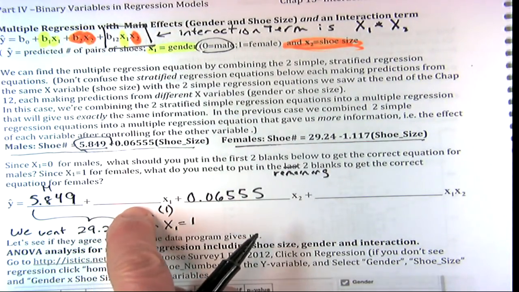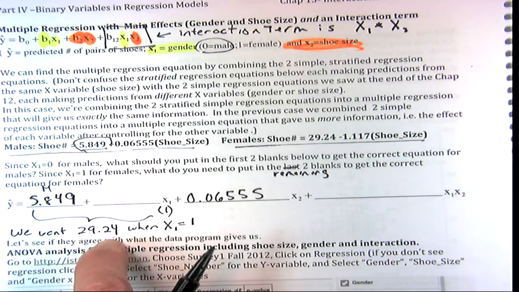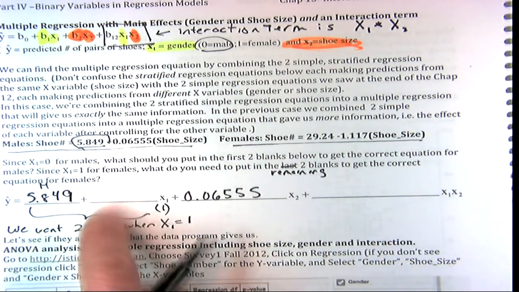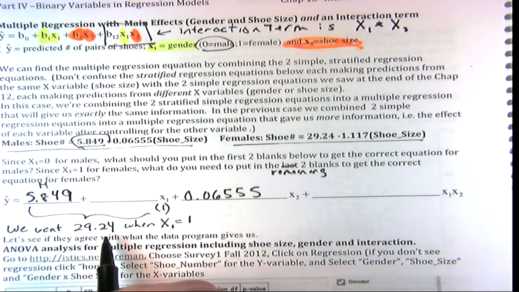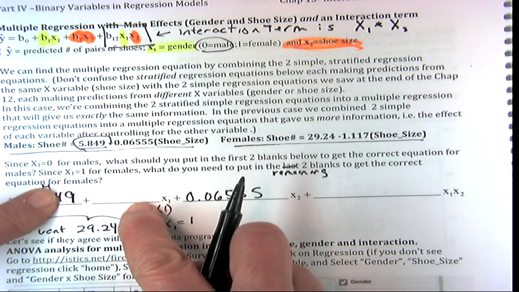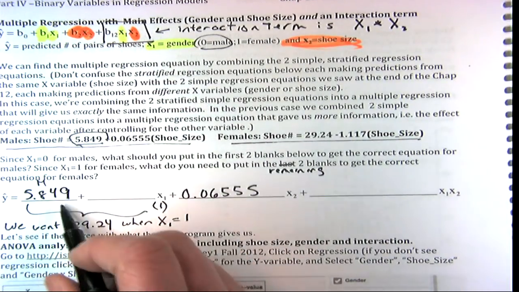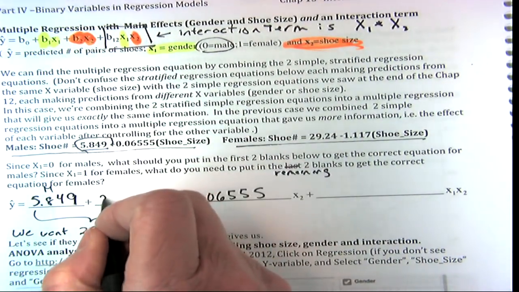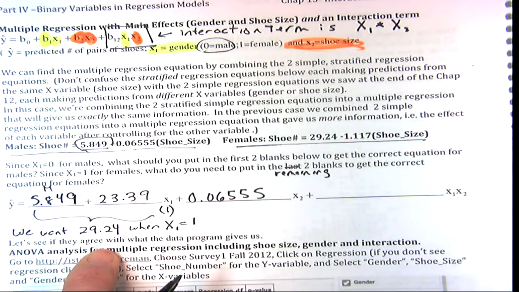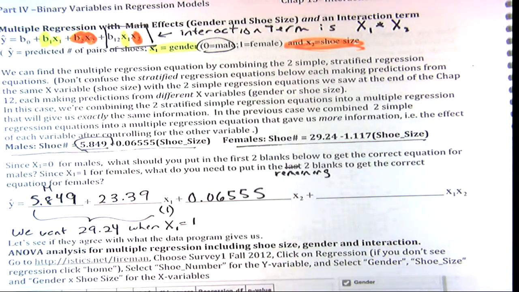So what should I put in there? 29.24 minus 5.849, right? I want it to be 29.24, so I'll just have to subtract off that. 29.24 minus that, which is 23.39. Together, you want them to add up to that. Does that make sense to everybody?